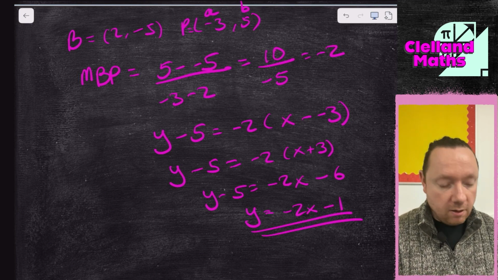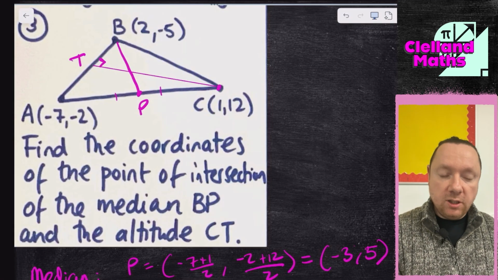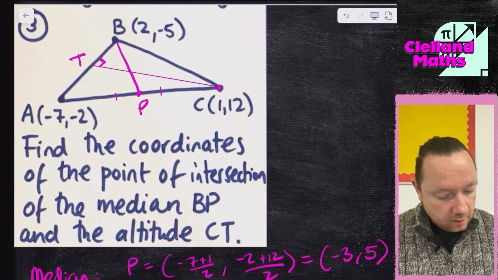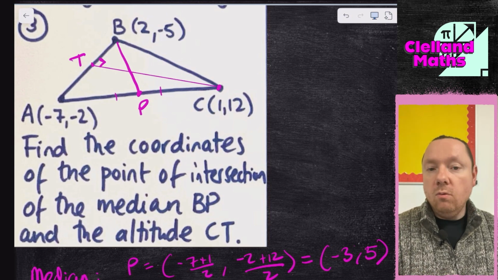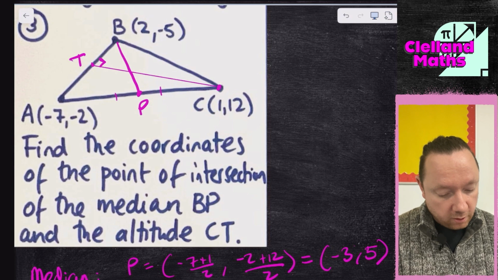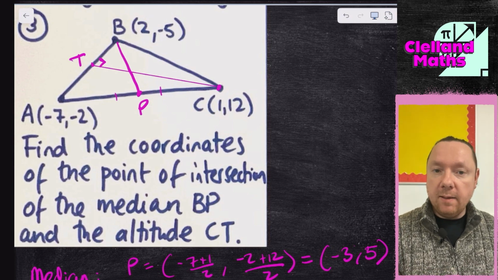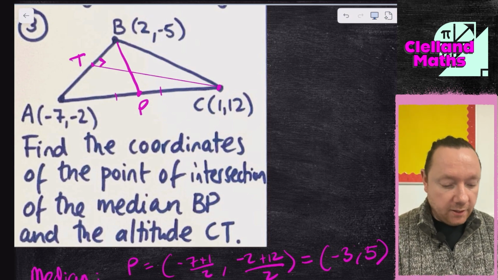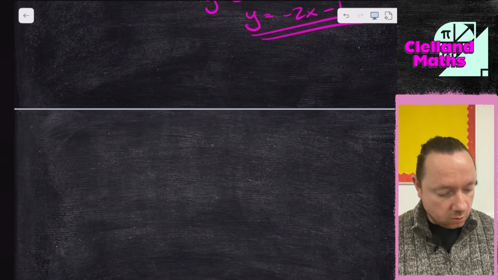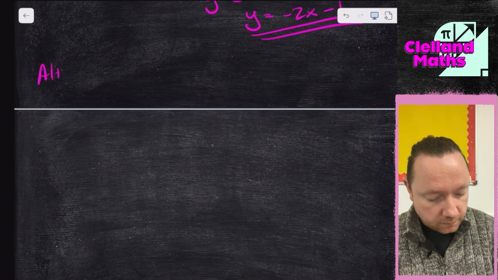We need to do the same thing for our altitude now. So our altitude C to T, we can't work out point T at all because it's not in the middle or anything, but we can work out the gradient of A to B, and then m1 times m2 equals -1 because they're perpendicular. So that's my approach. So let's look at our altitude.